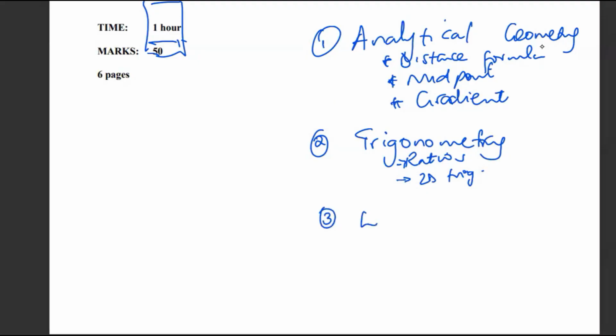Then 3, we have Euclidean geometry. This is geometry which is fresh and new and introduced in grade 10. So I'm just going to use this paper as a baseline to cover these aspects.